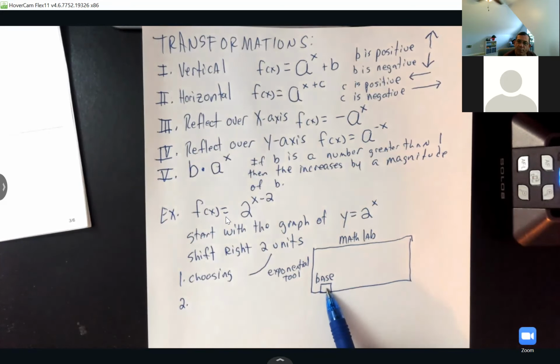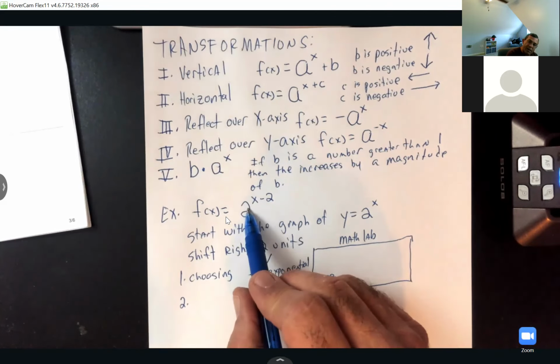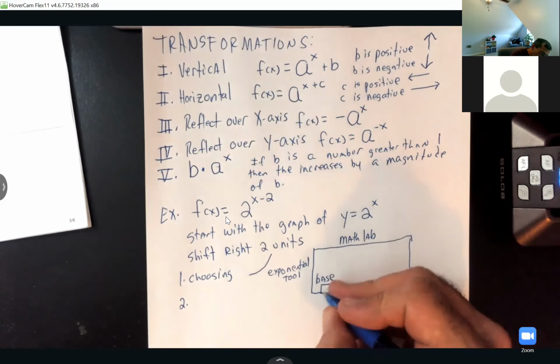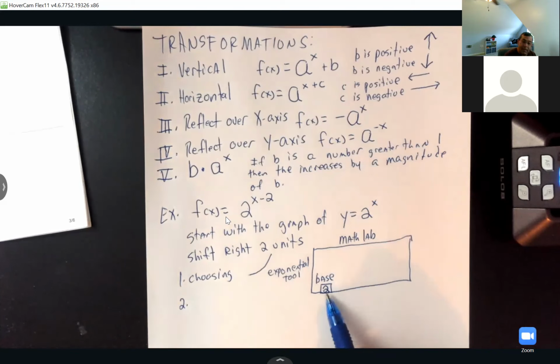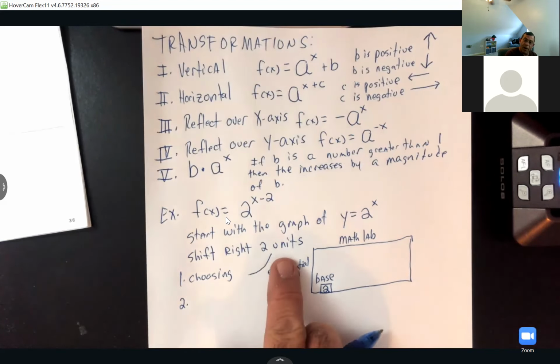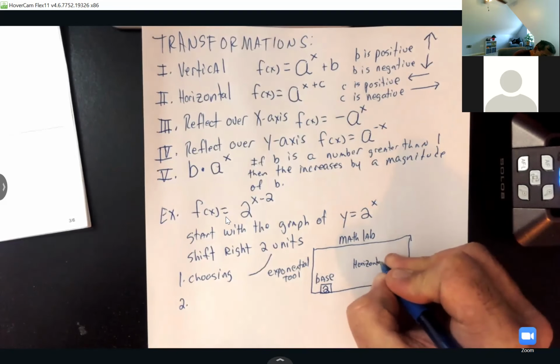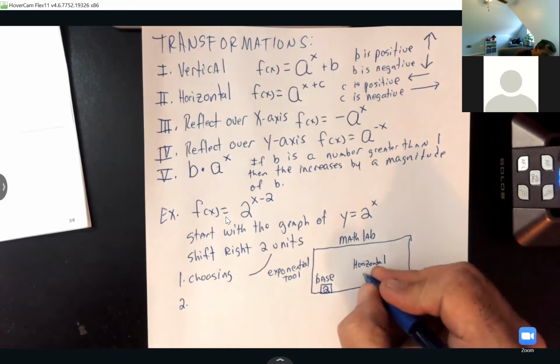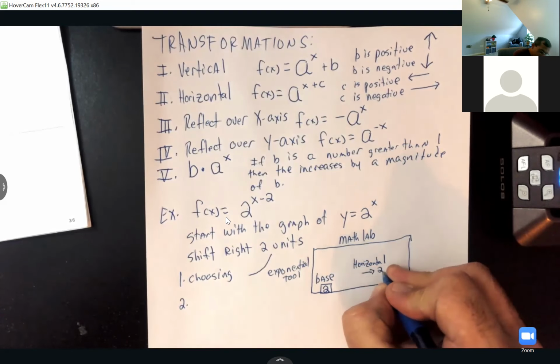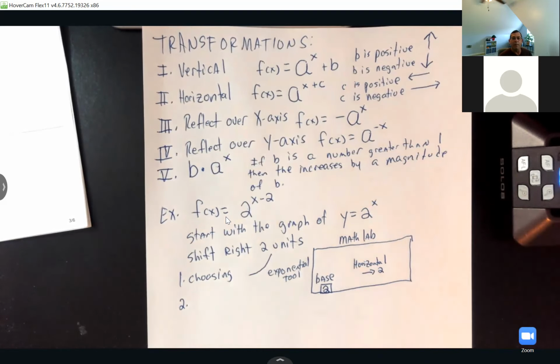You have to change the base. By default, they got an E down there for Euler's number, but our base has to match what we got on our problem. So you need to physically change that base down there to a 2. Now, since mine went right 2 units, I would find the horizontal slider and slide it right until I got it on 2.